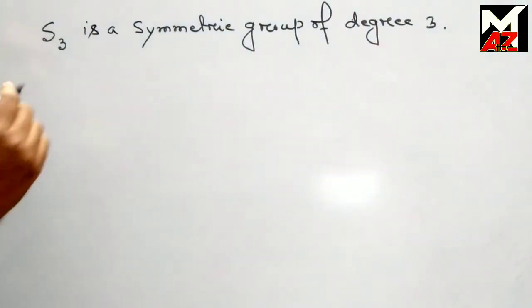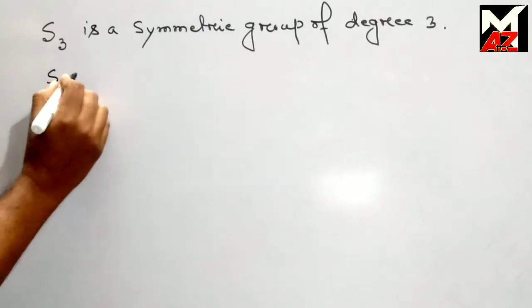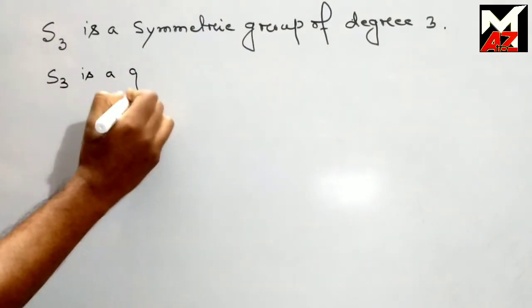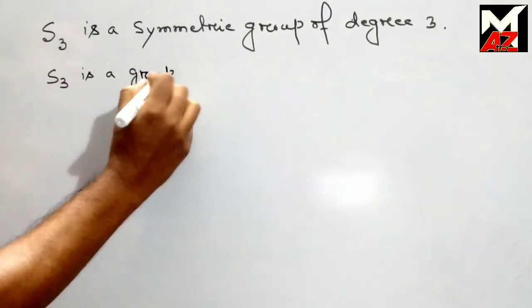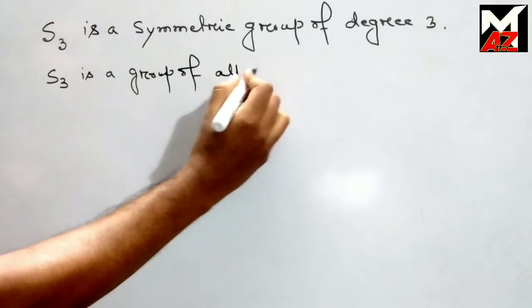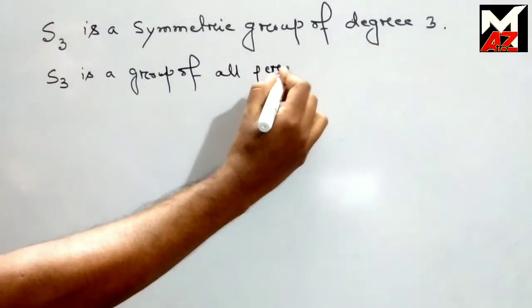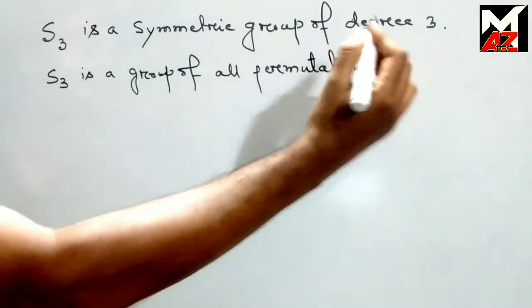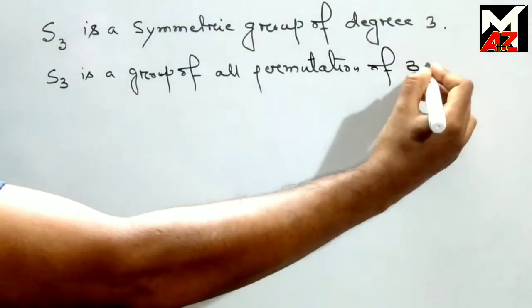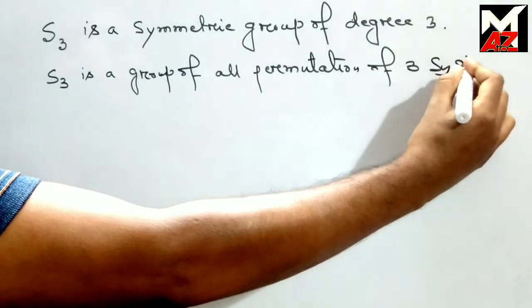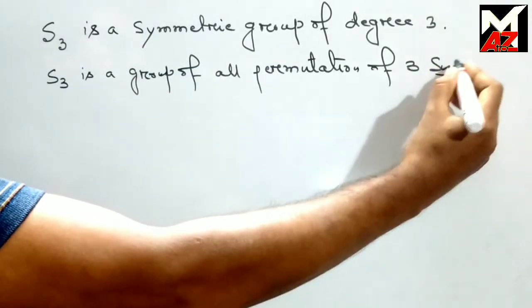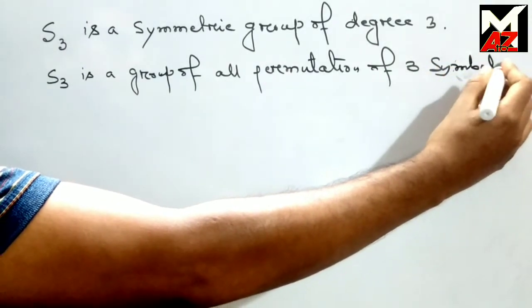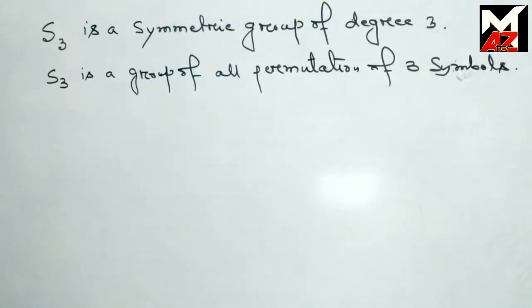That is, S3 is a group of all permutations of 3 symbols.